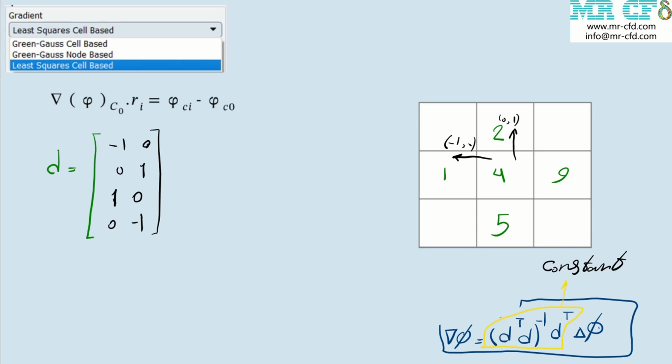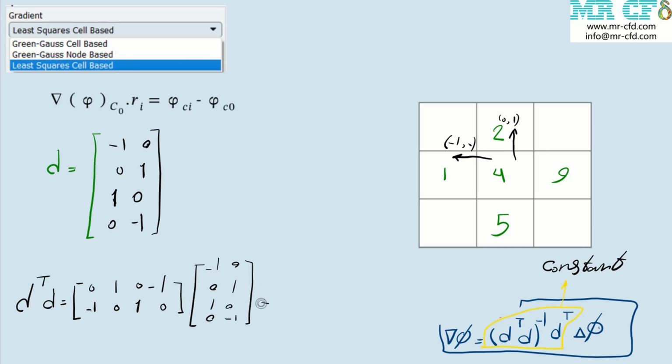Multiplying the transpose of D with D yields 0, 2 and 2, 0.